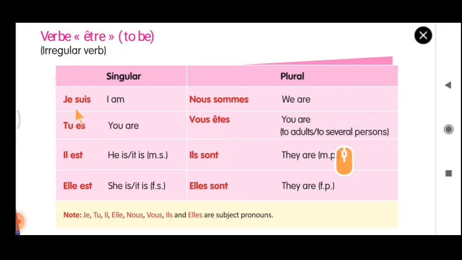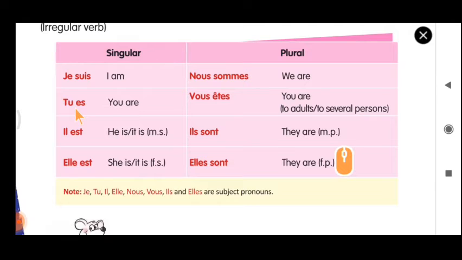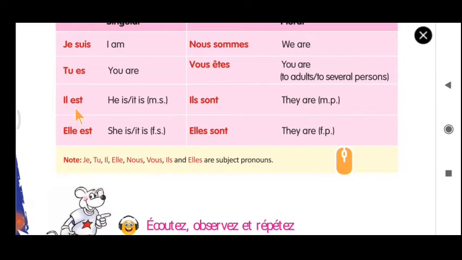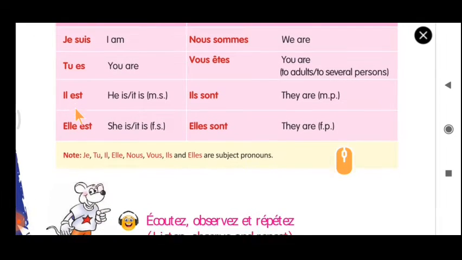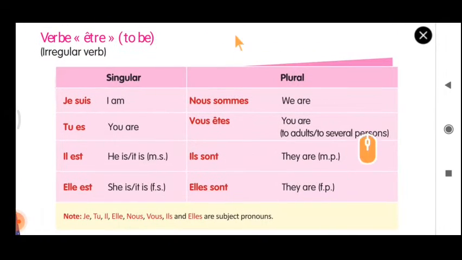So once again, you can repeat along with me. Je suis. Tu es. Il est. Elle est. Nous sommes.